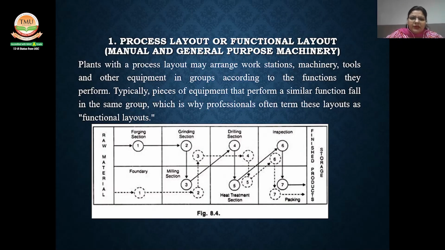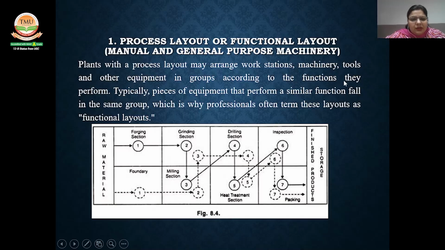So number one is process layout, or functional layout. It is also called a functional layout, where manual or general purpose machinery is used. This diagram shows some different sections of this layout. Plants with a process layout may arrange workstations, and one such area is called a workstation.